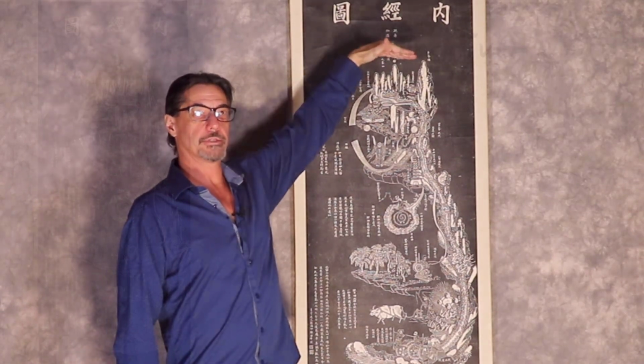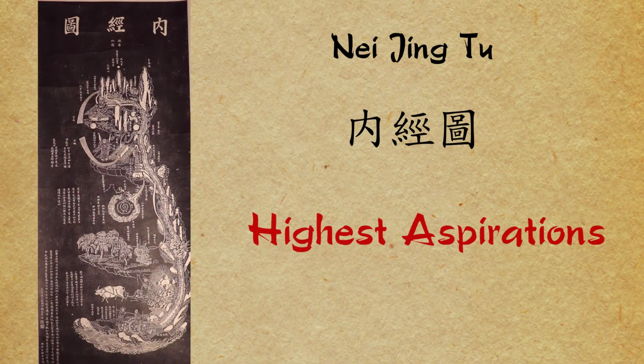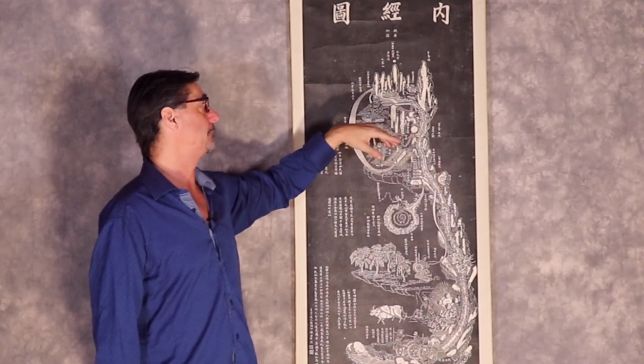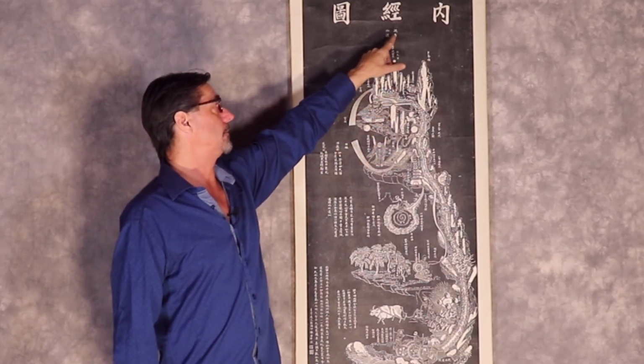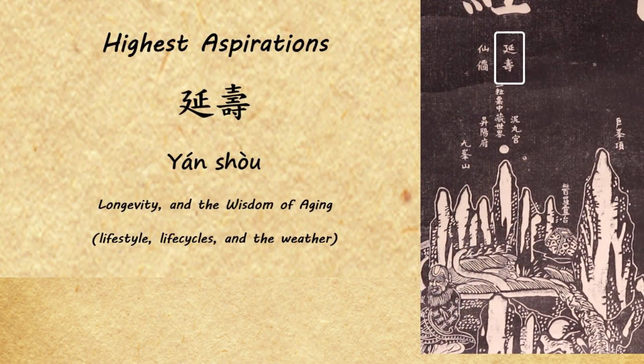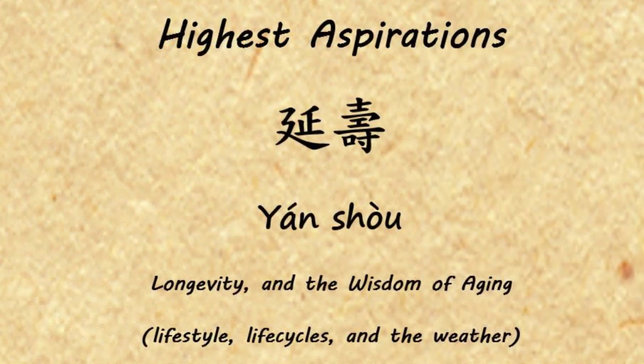So we have this aspiration, our highest aspirations above the head, to connect to what's coming down from the sky, what we may think of as heaven or happening in heaven, depending on the culture you're in. So the first thing that we experience here is called Yan Shou, which can be translated roughly as the practice of things that help you with longevity, the things that have to do with the cycles and the patterns within life.